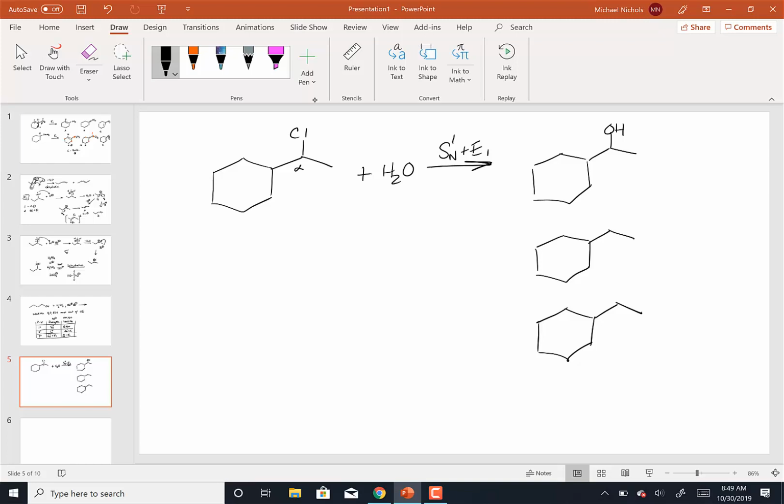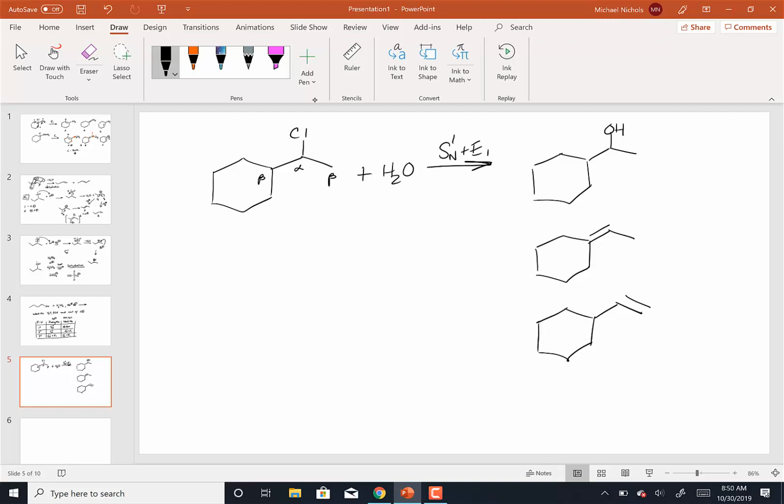Alpha carbon, beta carbon, beta carbon. Do each of the beta carbons have a hydrogen they can lose? Because if the beta carbon doesn't have a beta hydrogen, you're not going to form a double bond there. So in this case, the answer is yes. Both of them have hydrogens. So that means I could simply write the products like that. Right. So there are my 3 major products.